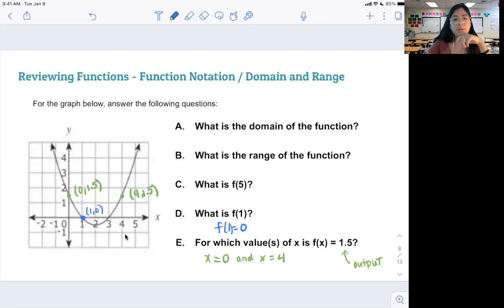What is f of 5? Four. 5, you look up, 5 comma 4. So f of 5 equals 4. Make sure that you understand. If you do not at this point understand how I did C, D, or E, please let me know in the chat.